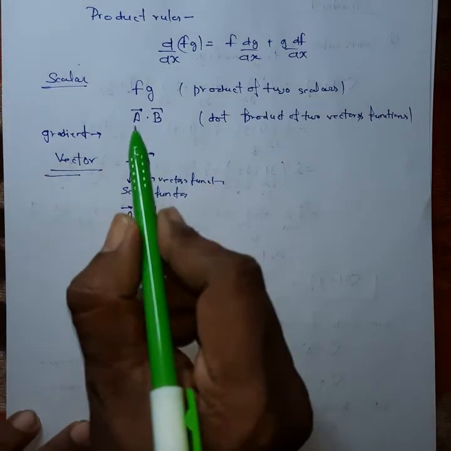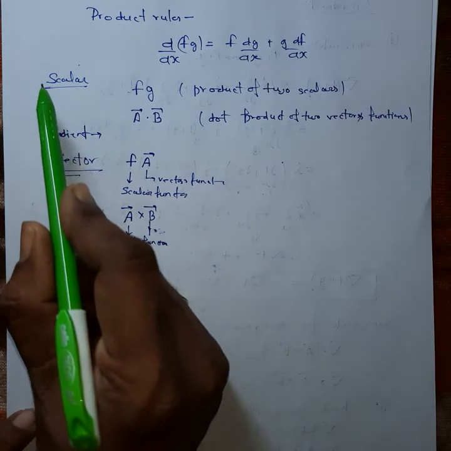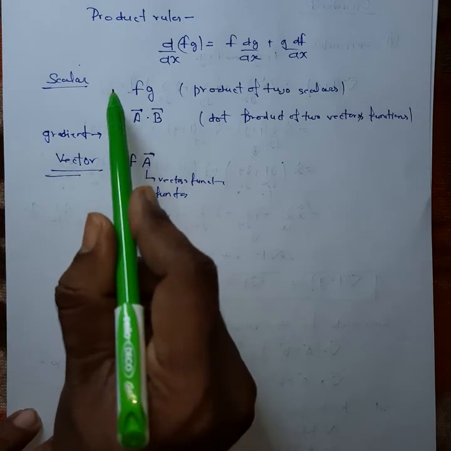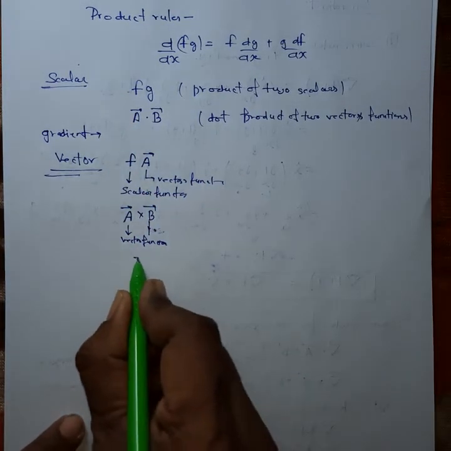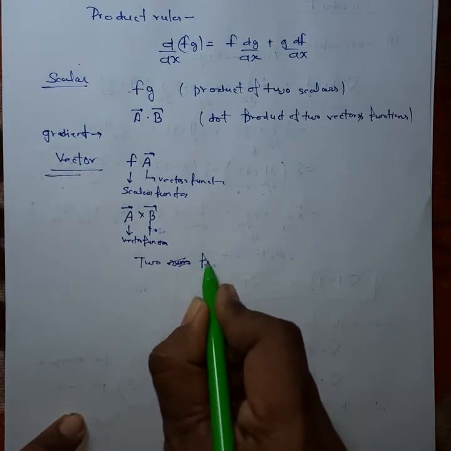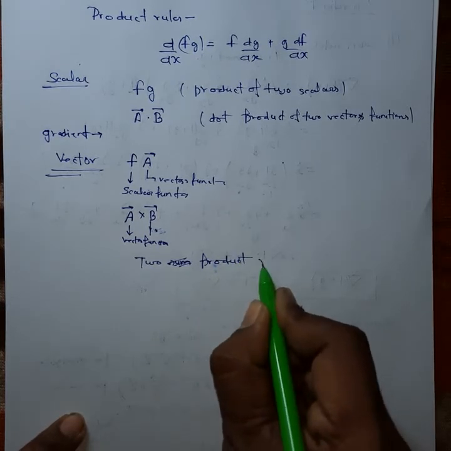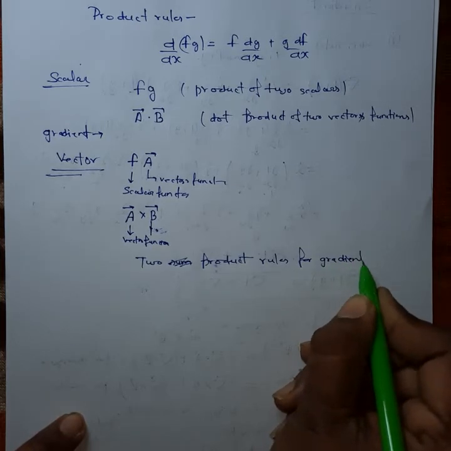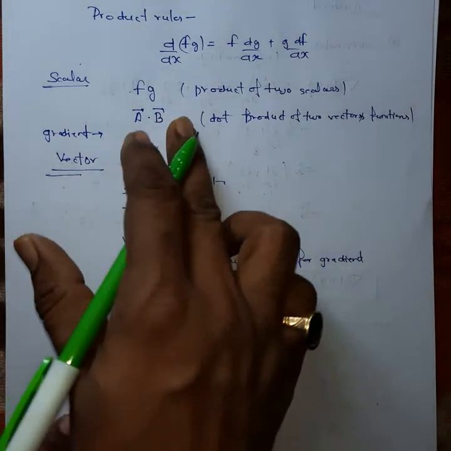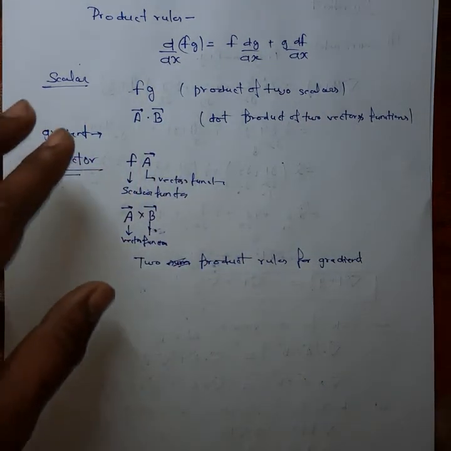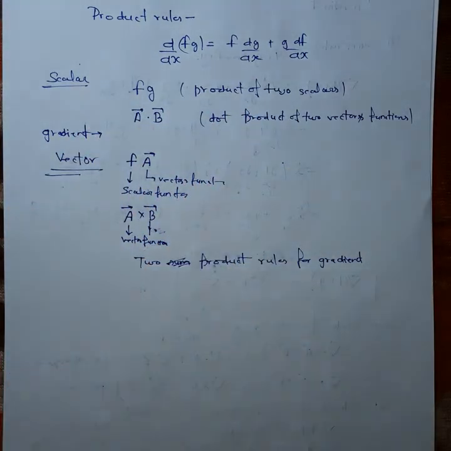So, as you know that gradient acts on the scalar, so there are two product rules for gradient, because you can make the scalar functions in two ways, by just multiplying two scalars and by taking the dot product of two vector functions.